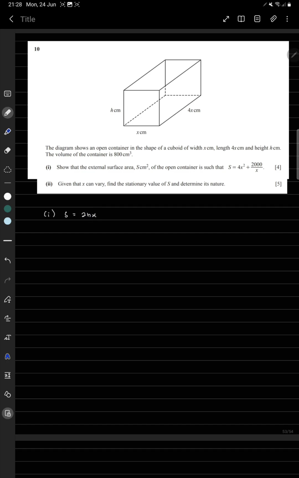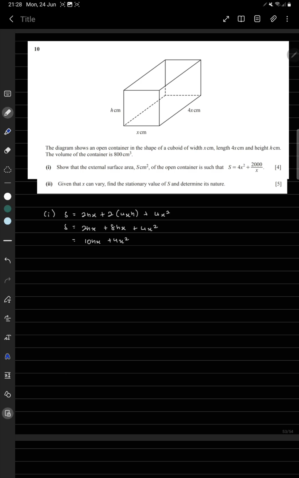So this is going to be the face at the front, plus 2 times 4x times h, 4xh, and then plus just 4x squared. Okay, now let's simplify this a bit. We have 2hx plus 8hx plus 4x squared. Simplify this even further, we have 10hx plus 4x squared.